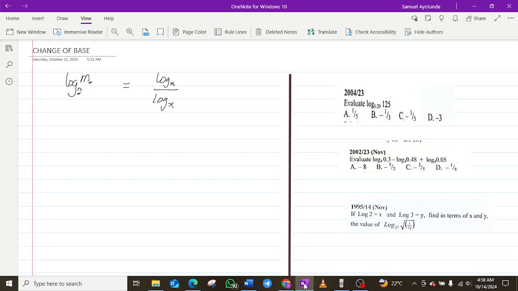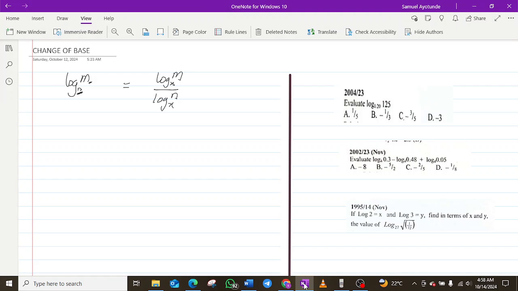The argument will become the numerator of the new base, while the previous base, which is n, will become the denominator. So in this case, I've changed base. This is how we can change base of two numbers.